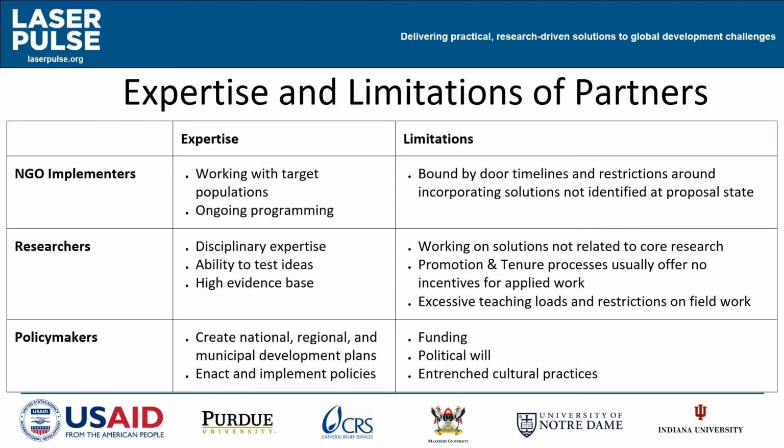When carried out effectively, such collaboration uses the strong points of NGOs, researchers, and policymakers to result in products, practices, and policies that have built-in uptake. You can view here expertise and limitations of partners. Consider pooling expertise together toward mitigating limitations.